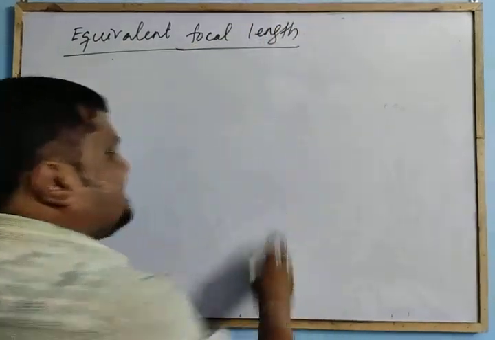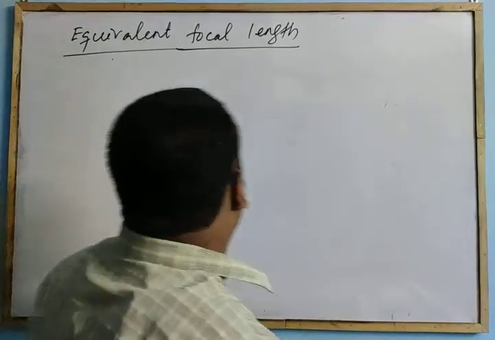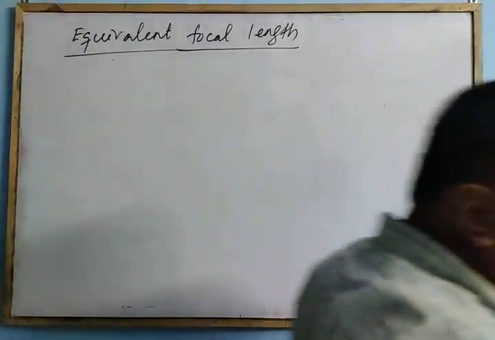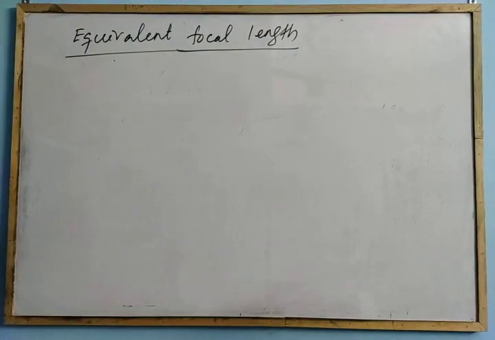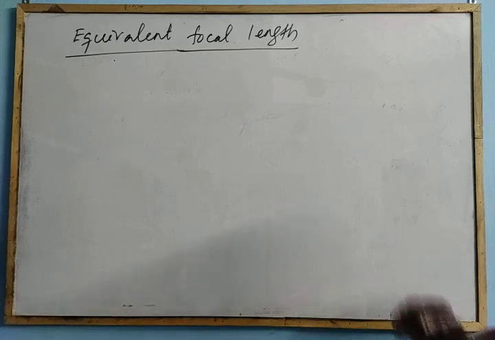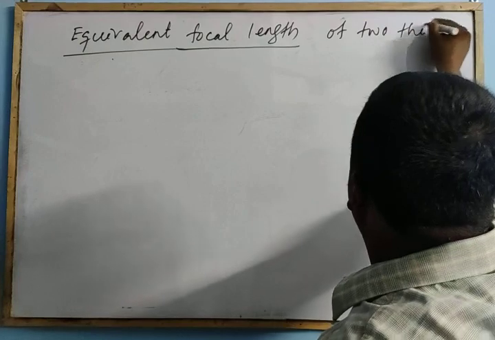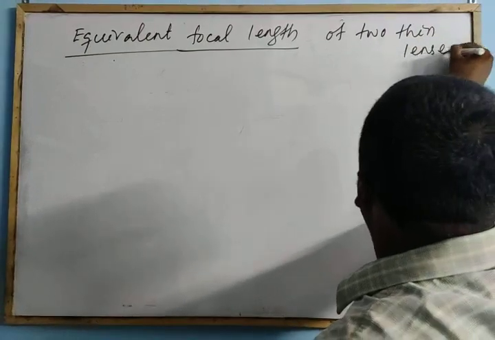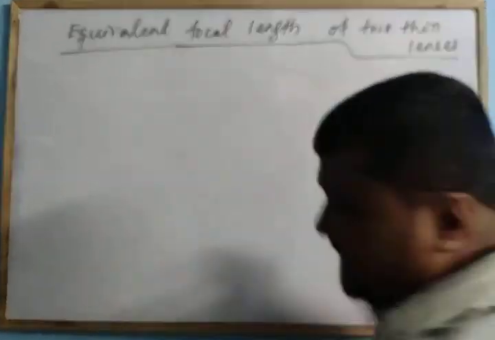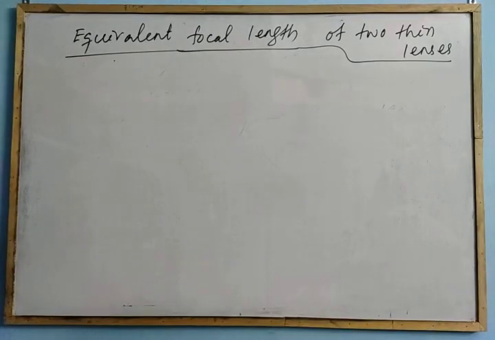First I will find the equivalent focal length of two lenses, then we will go for a number of lenses. Then I draw the ray diagram, and then you can understand the concept.